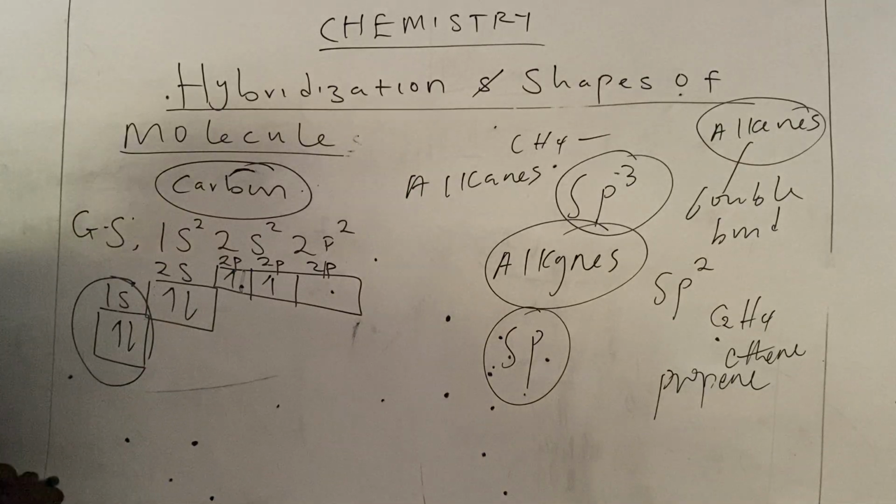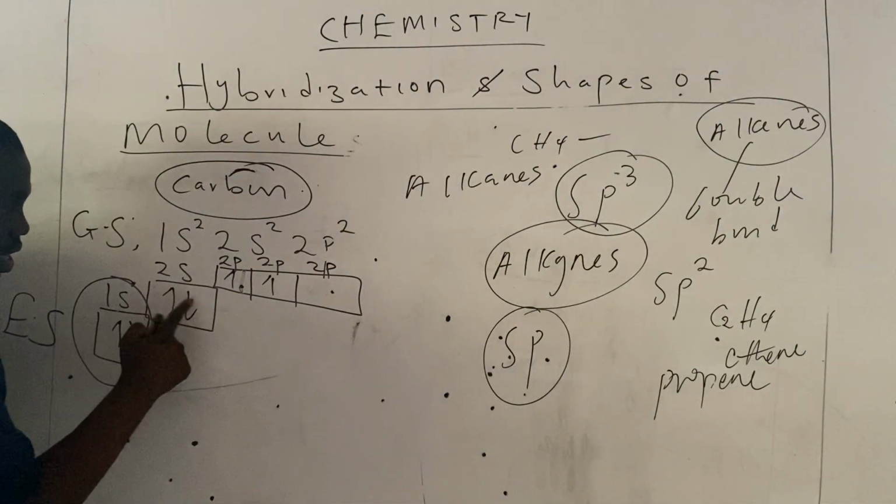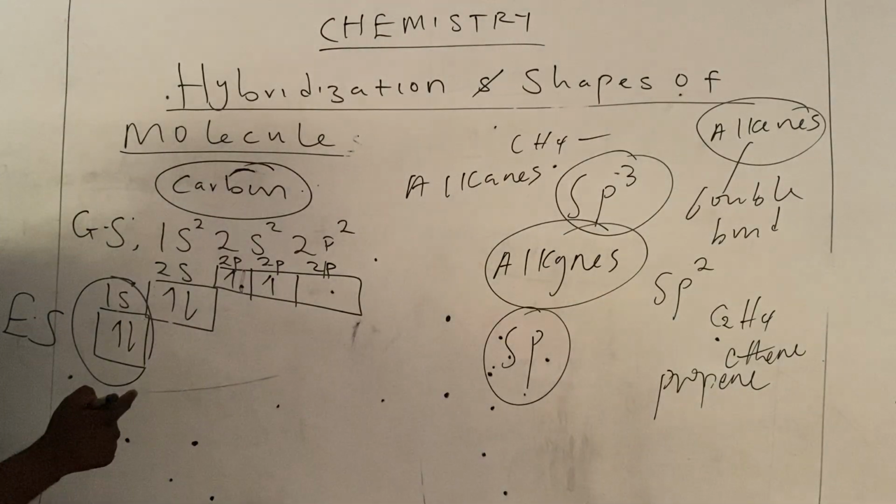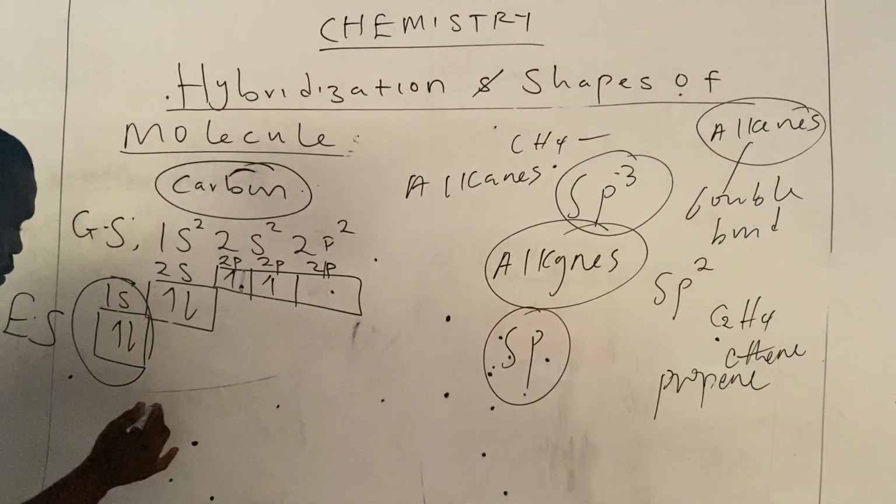Now, what happened at the excited state? At the excited state, one of these electrons will jump and leave. When it leaves, what happened?